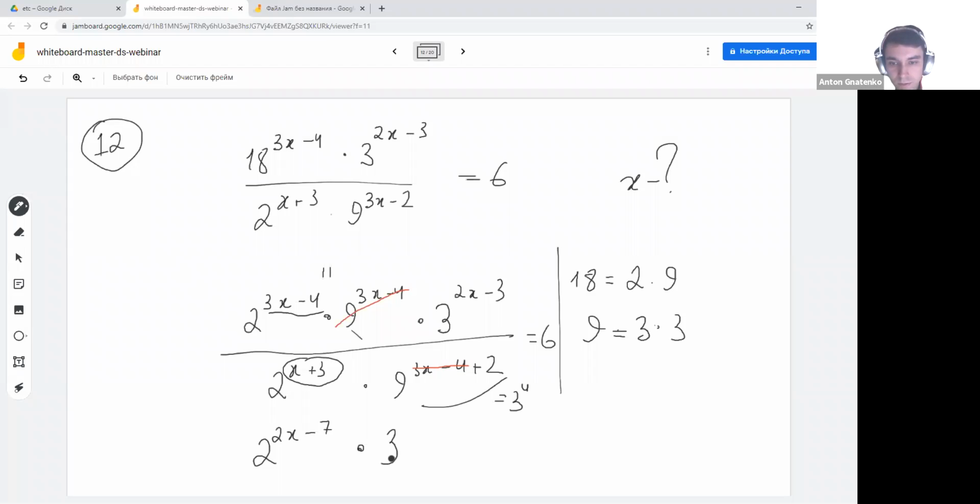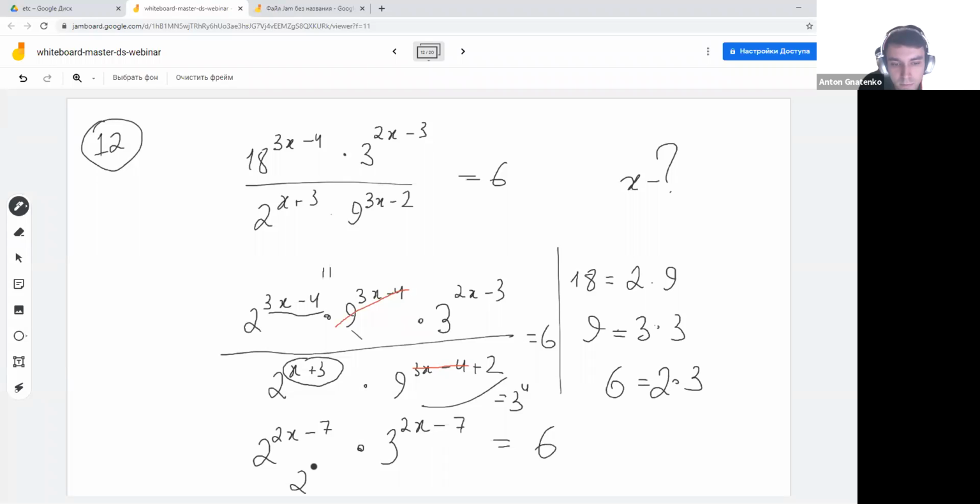So we obtain 3 to the power 2x minus 3 minus 4, minus 7 as well. And here we have 6. But we can combine these 2s and 3s to 6, since 6 equals 2 times 3.